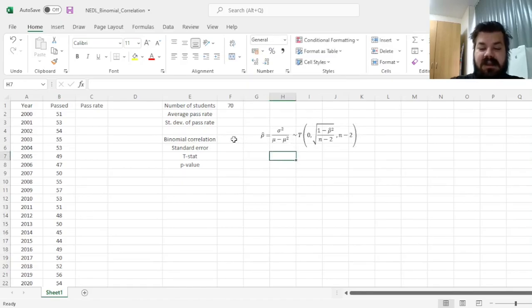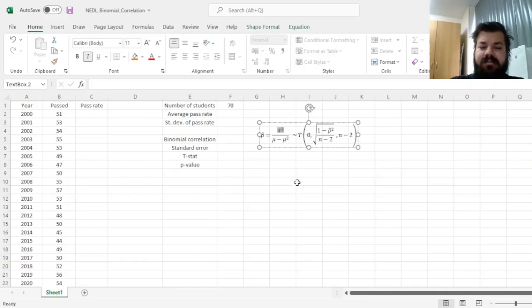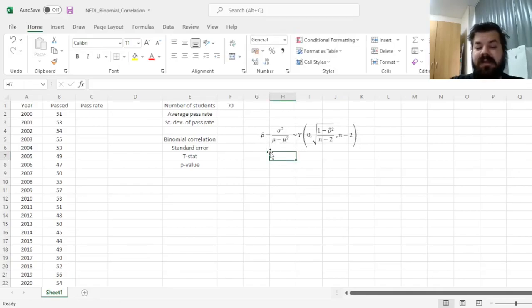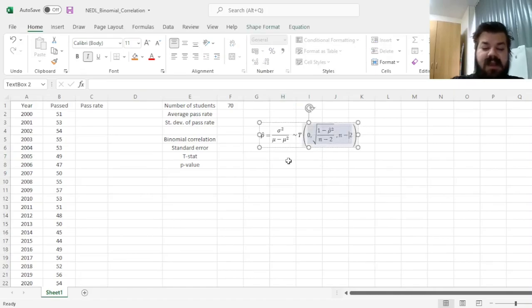We can exploit the year-on-year variability in the pass rate and relate it to the average pass rate in the denominator here to extract the binomial correlation coefficient. And what is even cooler is that we can test for significance of this correlation coefficient using a t-distribution, as this coefficient is approximately t-distributed with n-2 degrees of freedom, as usual, where n is the number of students in the cohort.